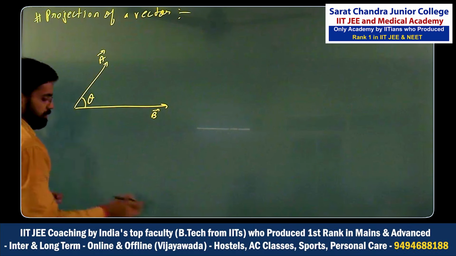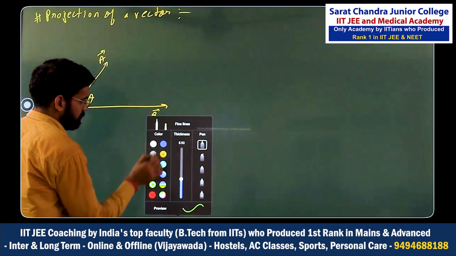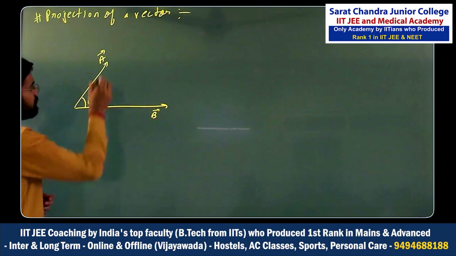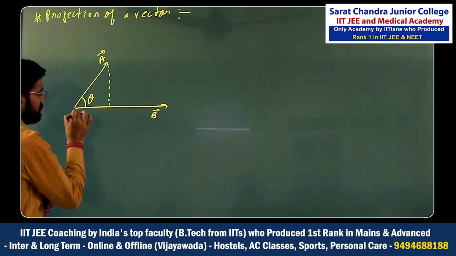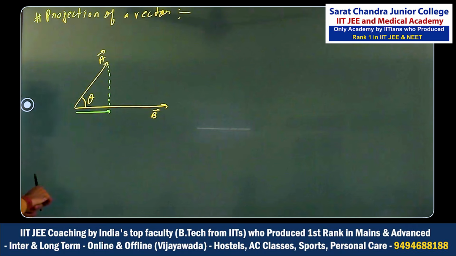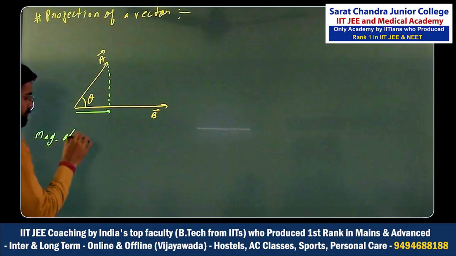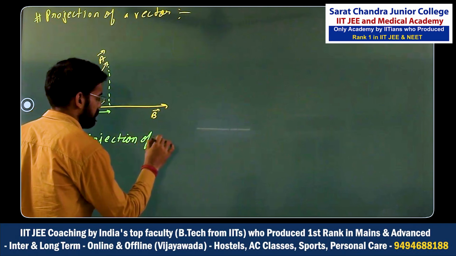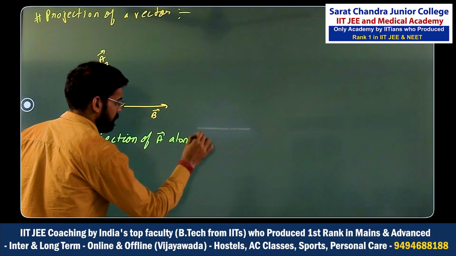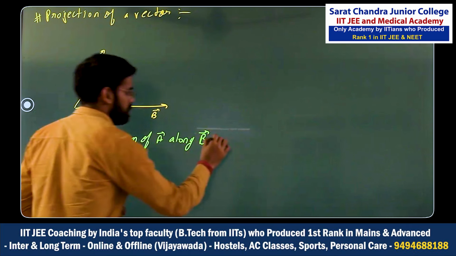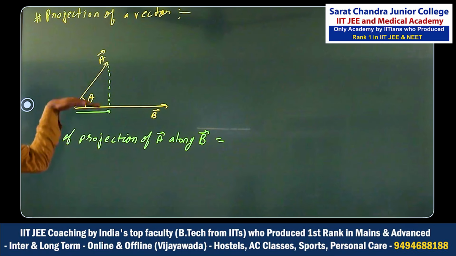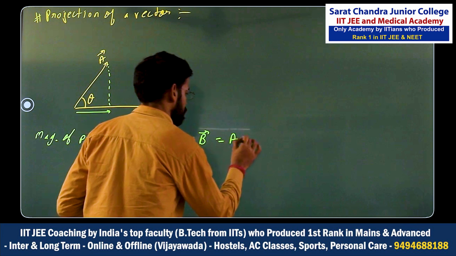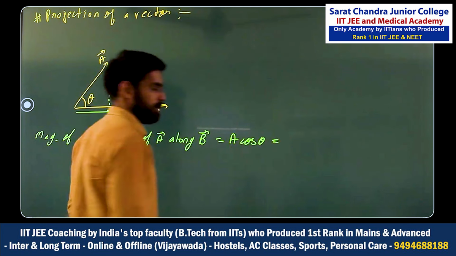So projection will come how much? This way we can do a dot product. So this will come as the projection. Magnitude-wise, the magnitude of projection of A vector along B vector will be how much? Can we say this is A cos theta, right? Just the magnitude only. Cos theta is how much?